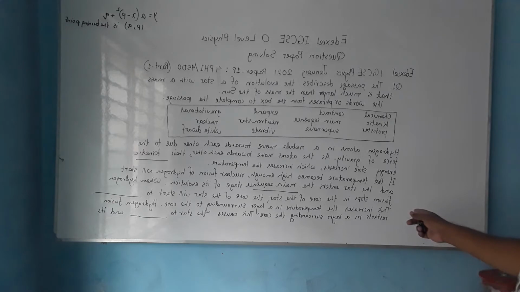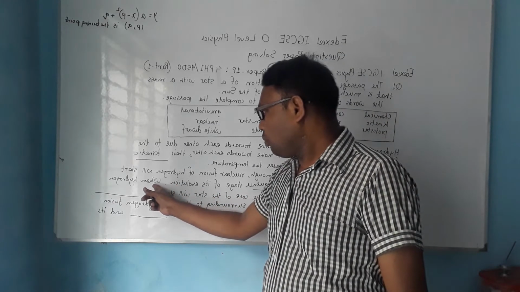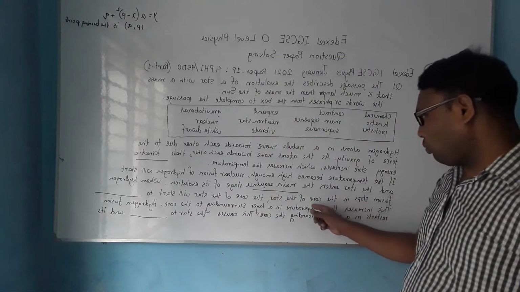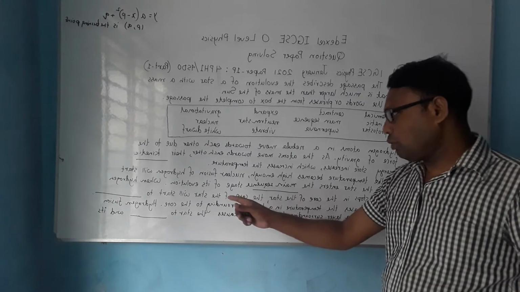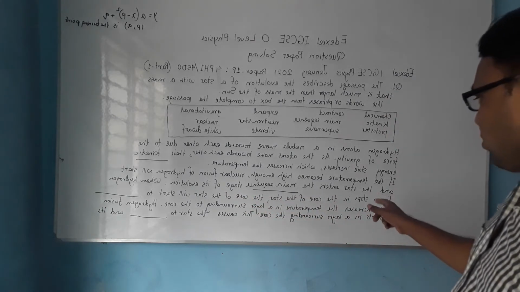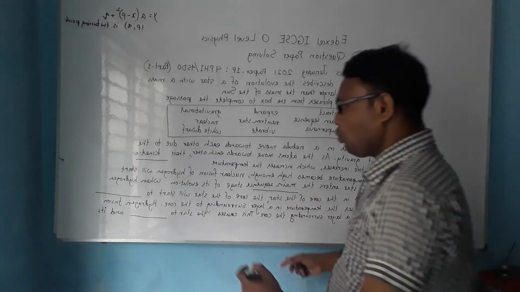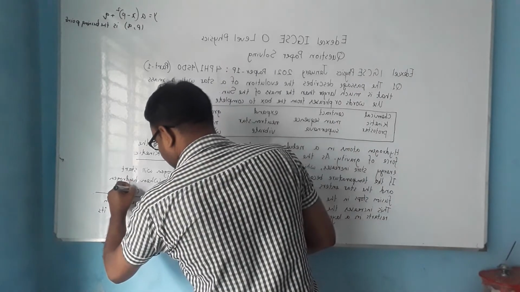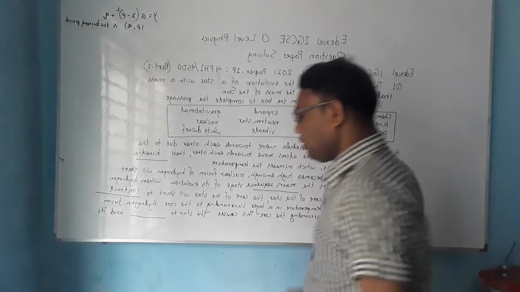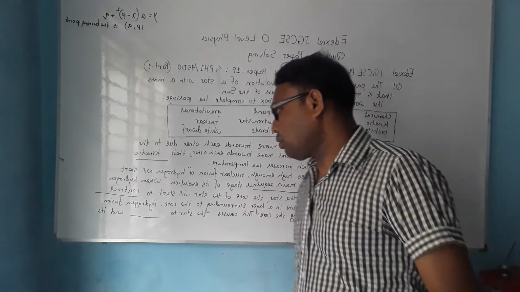If we read after that, when hydrogen fission starts in the core of the star, it will start to dash. When hydrogen fission starts in the core of the star, it will start to contract. So in the third blank, we will put the word contract.